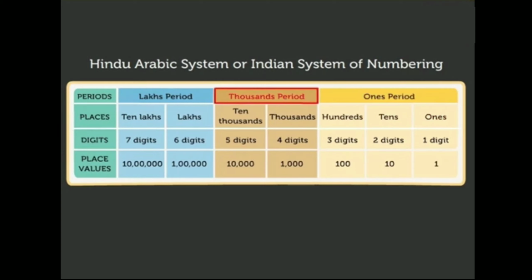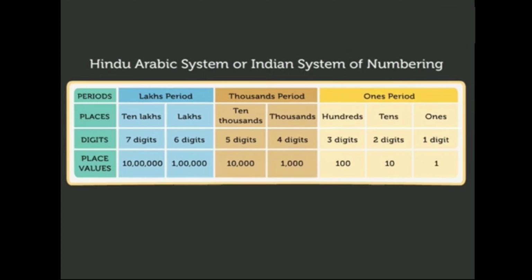The thousands period has 2 places, 1000 and 10,000. And the lakhs period also has 2 places, lakhs and 10 lakhs.